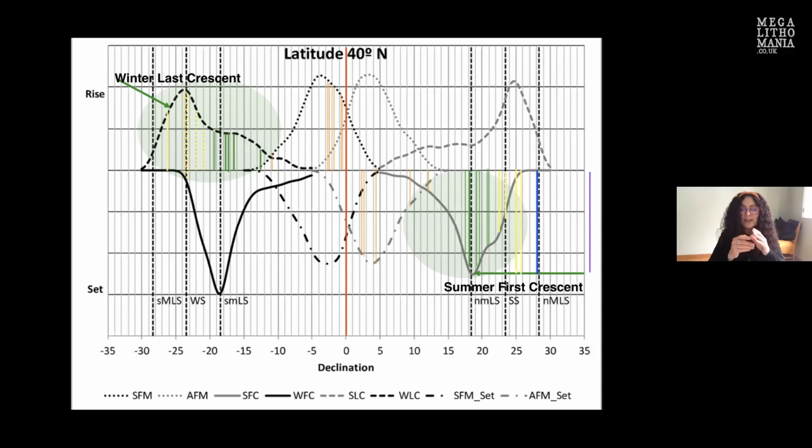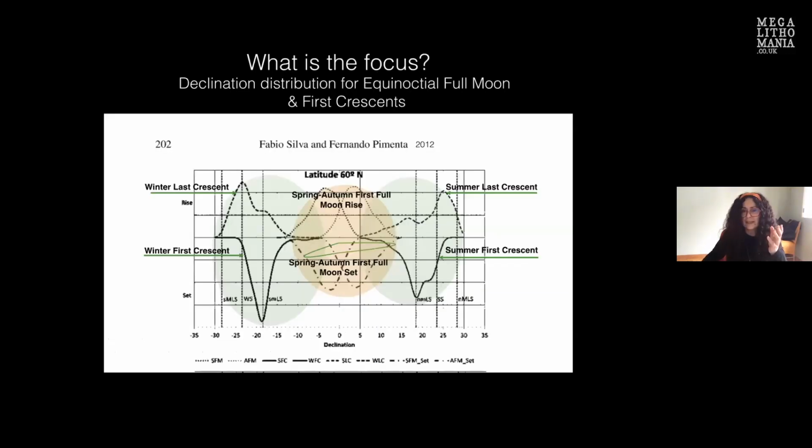So many of the orientations in the east seem to be linked to the winter last crescent. The other orientations that were around east, which is equal to 0 on here, that were flanking east in the rising and the setting, these are actually equivalent to the spring and autumn first full moon rise, okay?